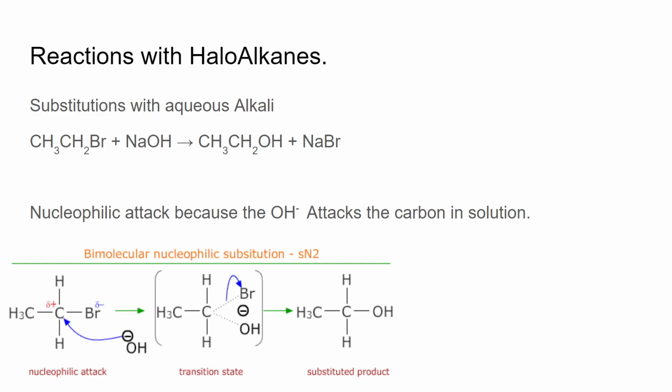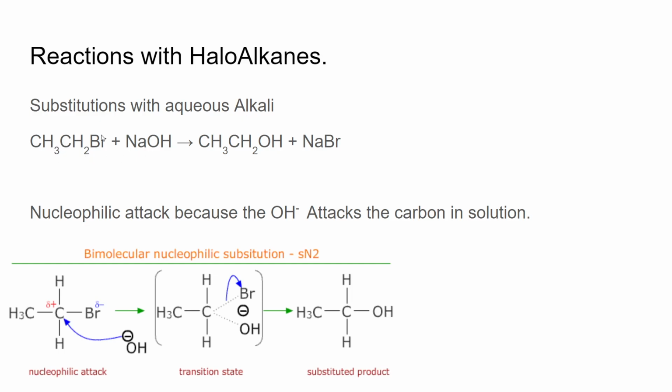With haloalkanes, we're mainly going to be concerned with substitution reactions for today. There are a couple of reaction mechanisms we want to know specifically, in particular with aqueous alkali. Aqueous alkali means that it's dissolved in water.